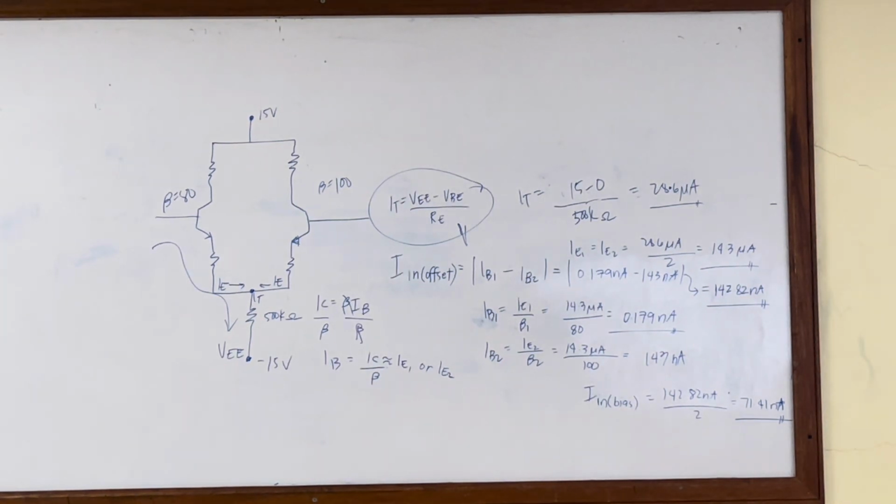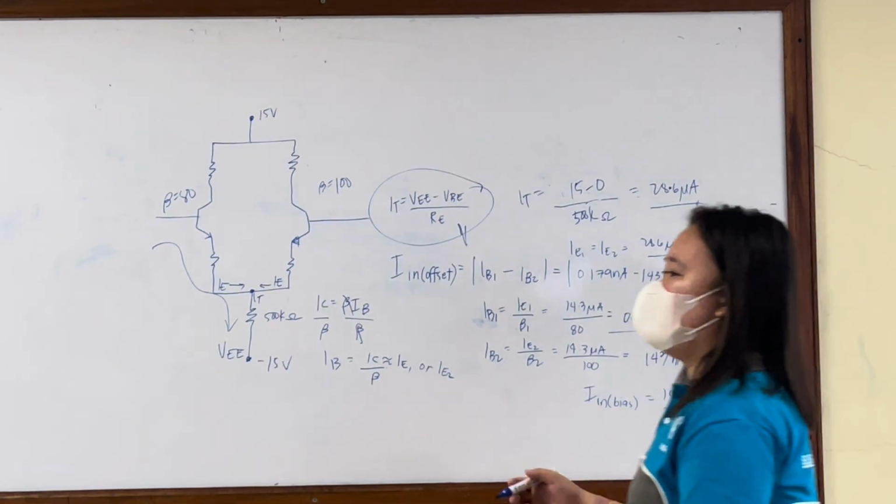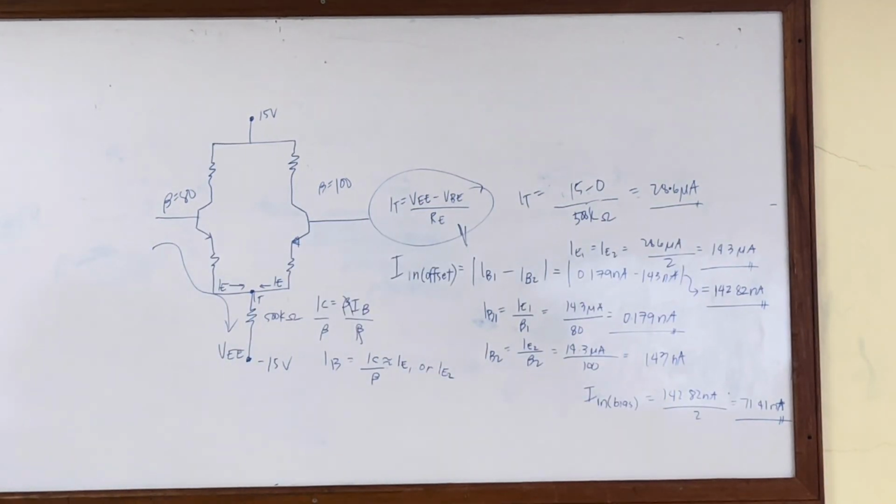Next, find the values of two base currents given input offset current is 50, input bias current is 110. Assume that IB1 is greater than IB2. IB1 is input bias current plus input offset current over 2.